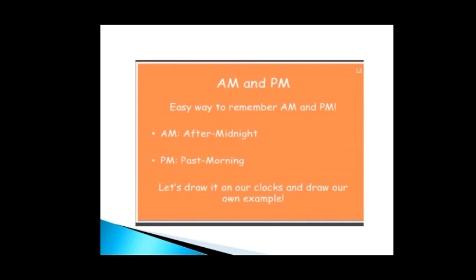So AM. In the same way, PM means post meridiem. But an easy way to remember: P means past, M means morning. Let's draw it on our clocks and draw our own examples.